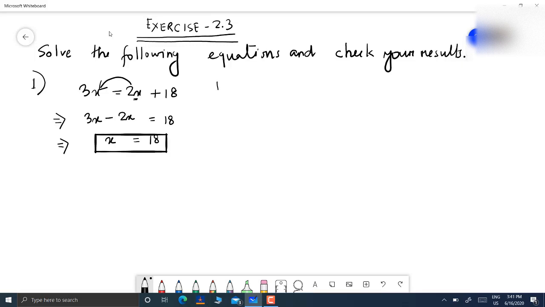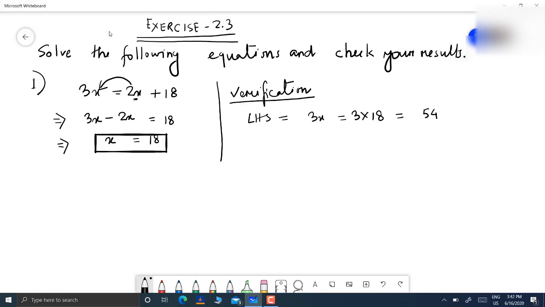Now coming to the verification part. Verification is actually checking whether the LHS and RHS of the equation carry the same value or not after putting the value of x. So here is the LHS. LHS is thrice x. So in place of x, we put 18. After multiplying, we get the result to be 54.